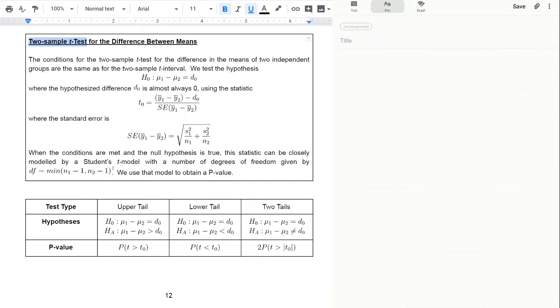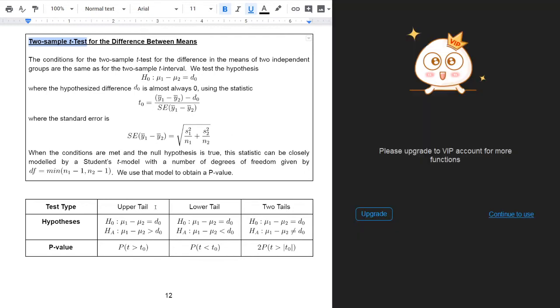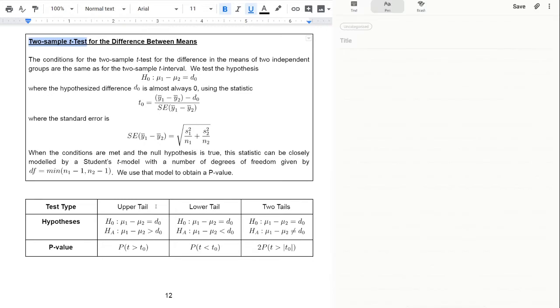Okay, so our sampling distribution model will be a t-distribution, and we will use this model to obtain our p-value, which is the probability to observe the test statistic, or more extreme than this test statistic. So recall that the p-value will depend on the type of test we are performing. If we're looking at an upper tail test, right, so the alternative hypothesis is in the upper direction, then we want the area in the upper tail, okay, or the right tail.